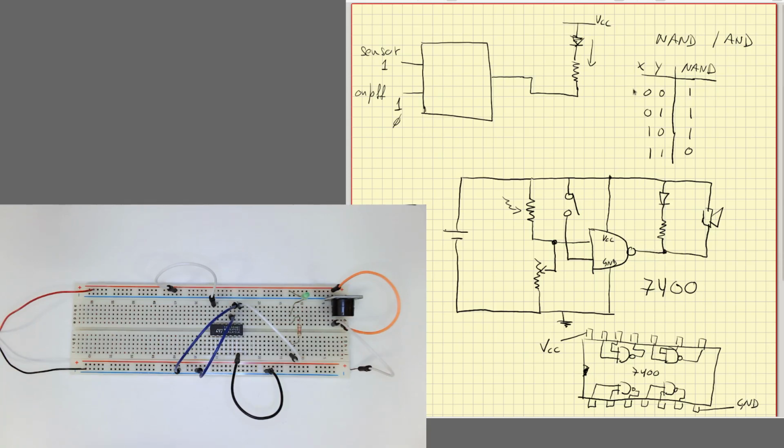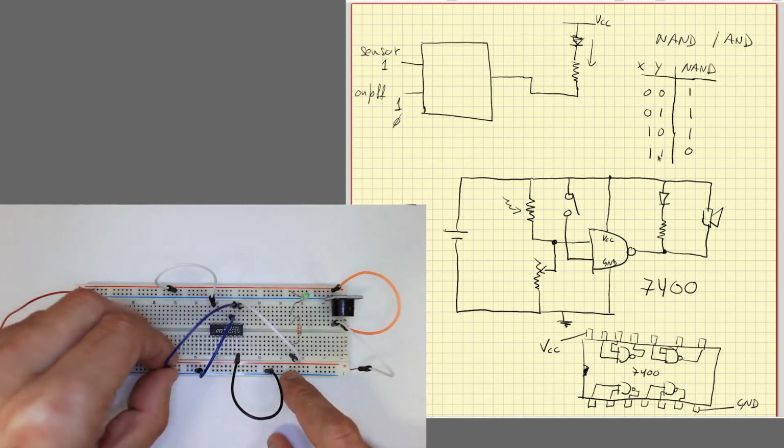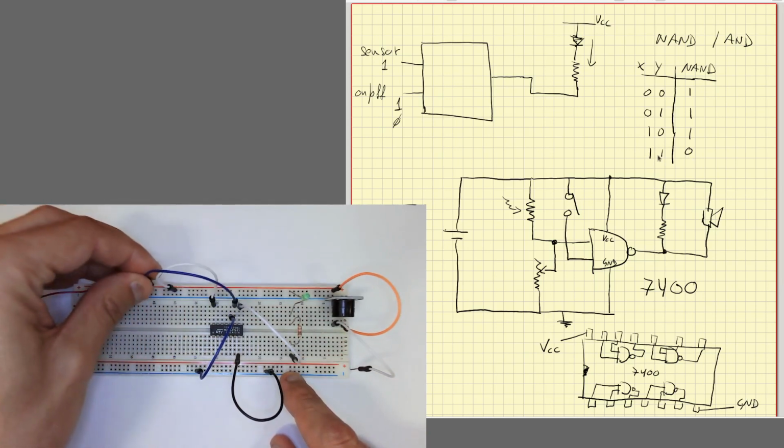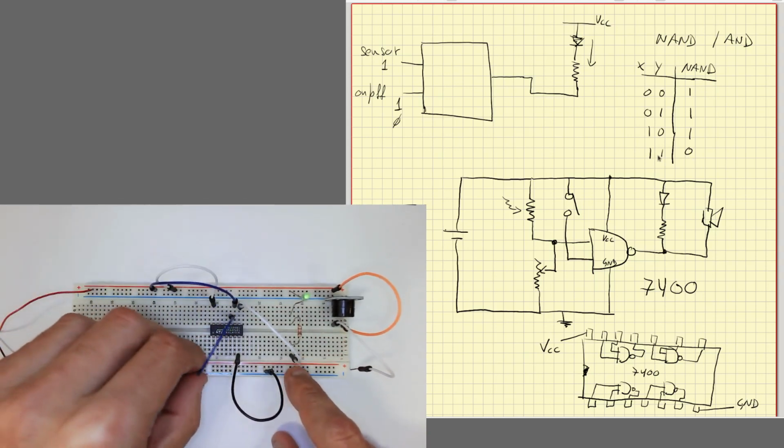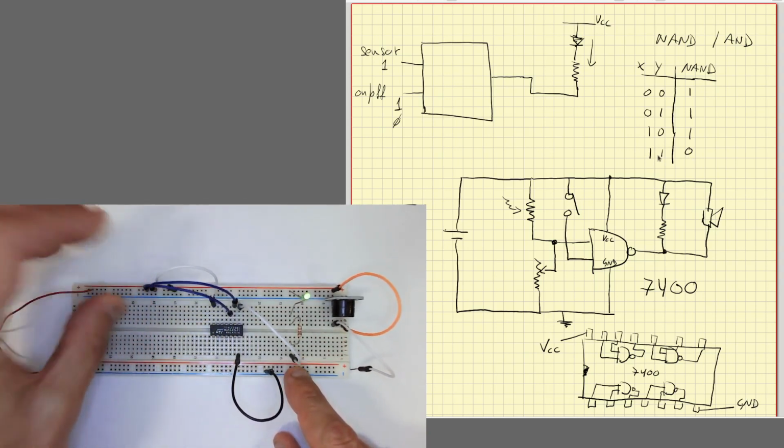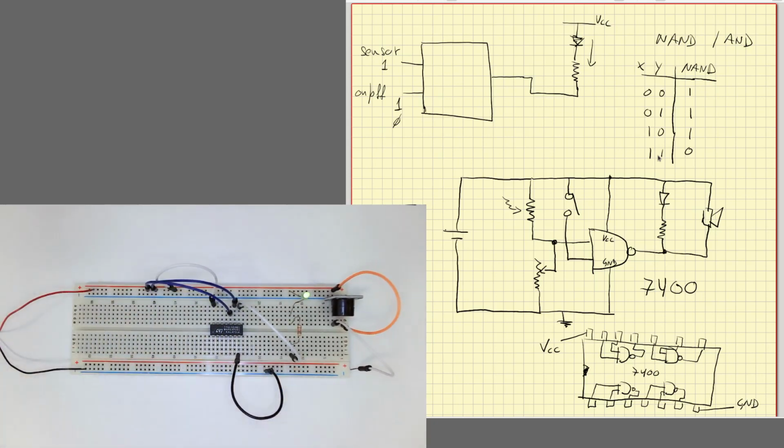Now to make the output low and the LED light, I need to put both inputs at 1, so I connect one, connect the other one. And now it's working.